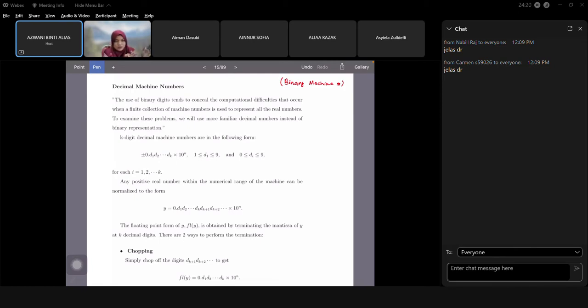Okay, so daripada nombor yang sangat panjang tu yang melibatkan 0 and 1, the first number tu dia represent the sign of the number, sama ada positif atau negatif. Okay, kalau dia 0 dia adalah positive number, and kalau dia binary number is 1 dia adalah negatif.